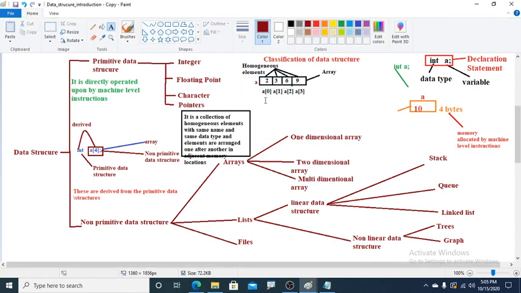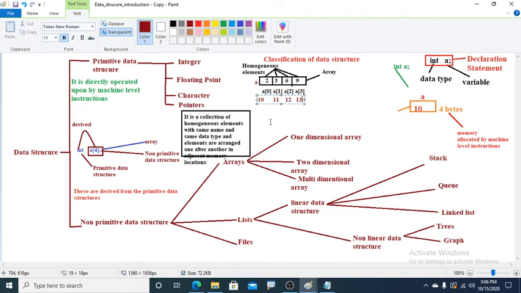And these are arranged how? One after another, in adjacent memory locations. Adjacent memory locations means what? Let us say, in a simple way, 2 is at location 10, 3 is at location 11, 6 is at location 12, 9 is at location 13.